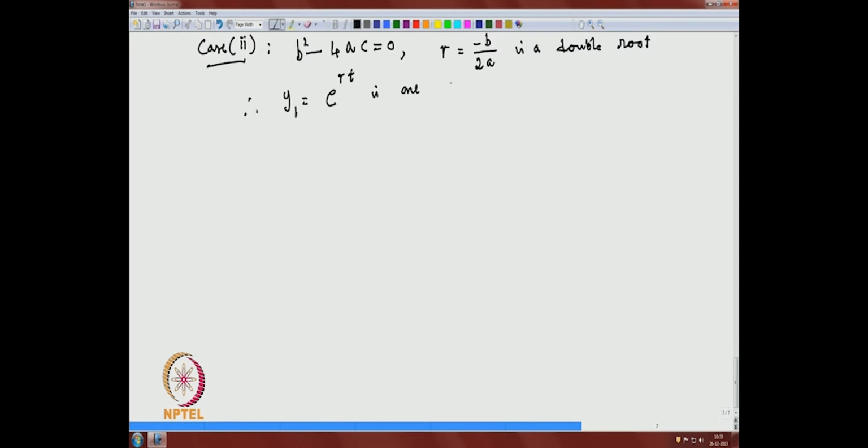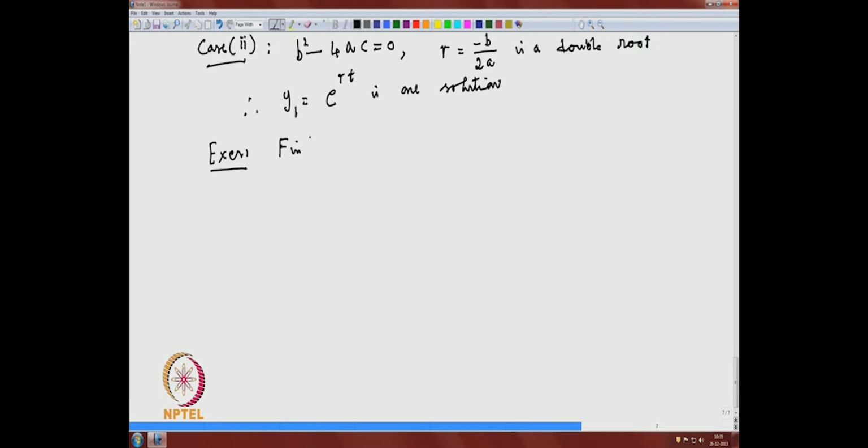The moment you get one solution, you know the method of reduction of order to find a second solution. Here is a simple exercise for you. It is an easy thing, and it is also nice to do it, so that the method of reduction of order can be learned properly.